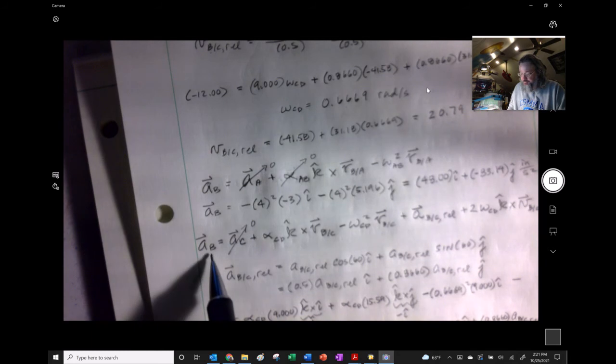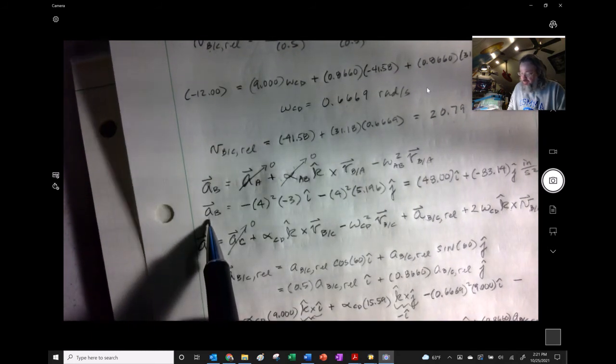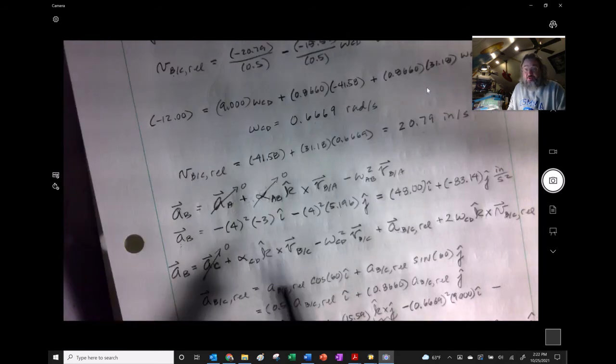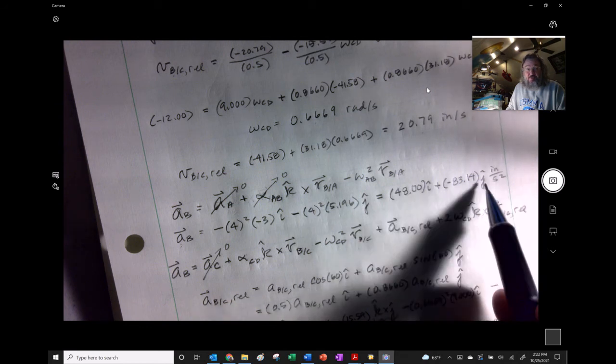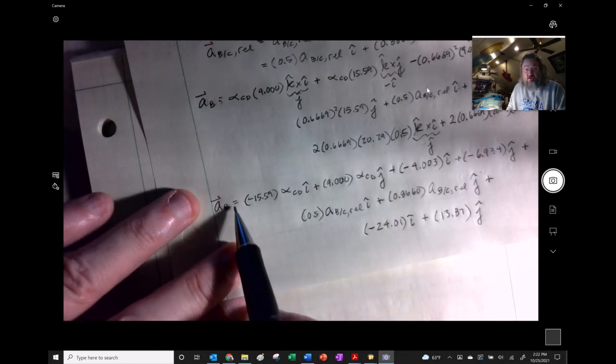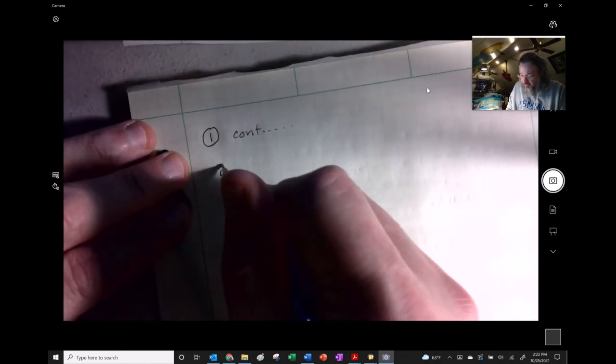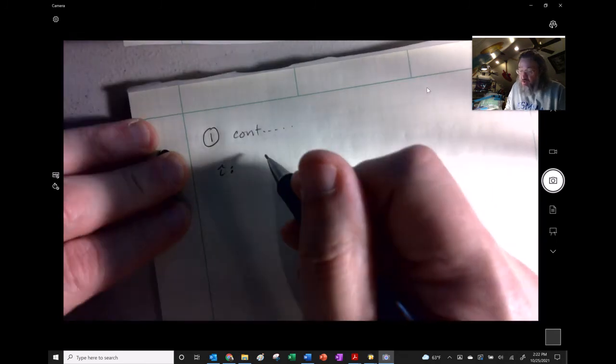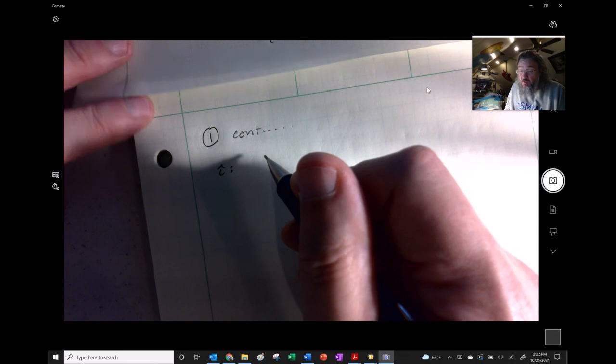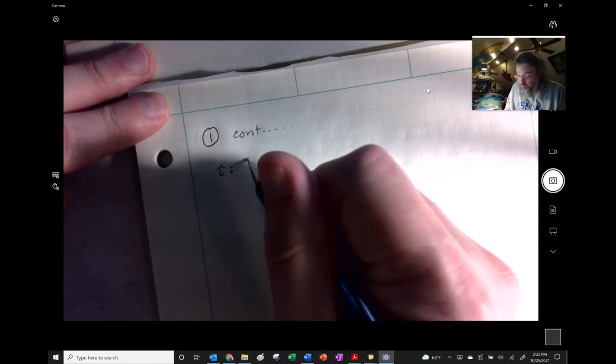We know that the acceleration that we got way up here is going to be equal to this acceleration we just found. So let's just get the i's and collect them. So we have that equation.